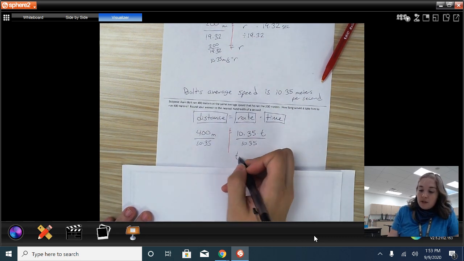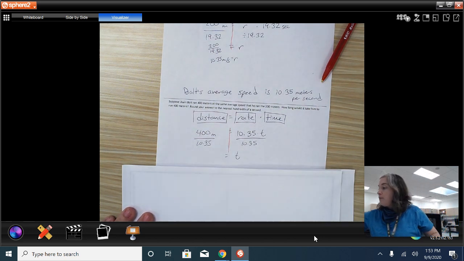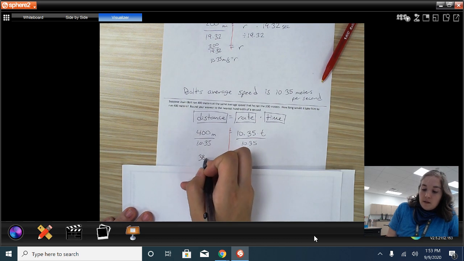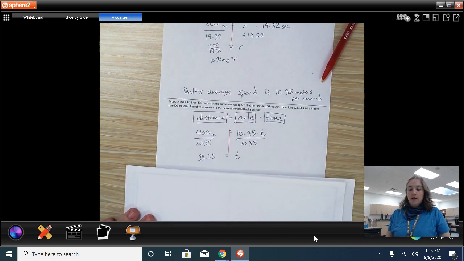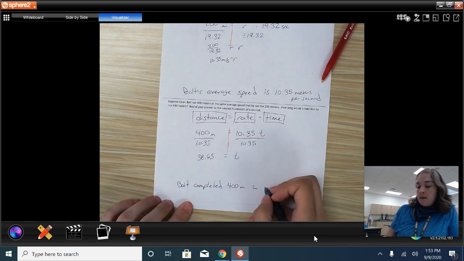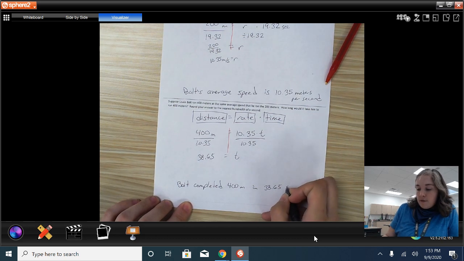So now we have time is equal to 400 divided by 10.35 is 38.65. So if Bolt completed the 400 meters, it would take him 38.65 seconds.